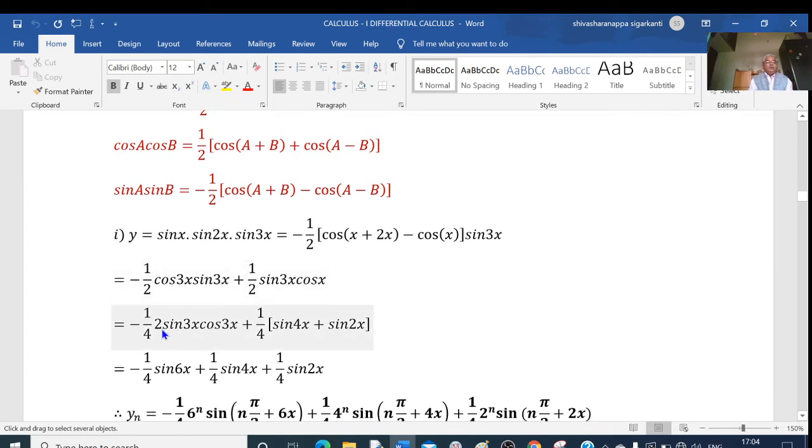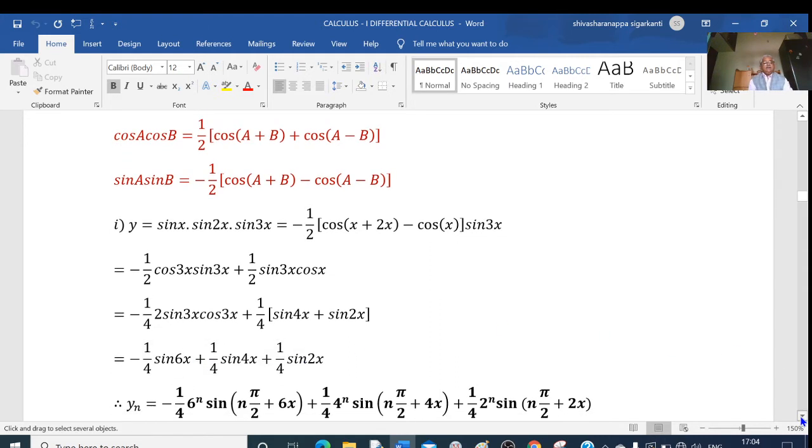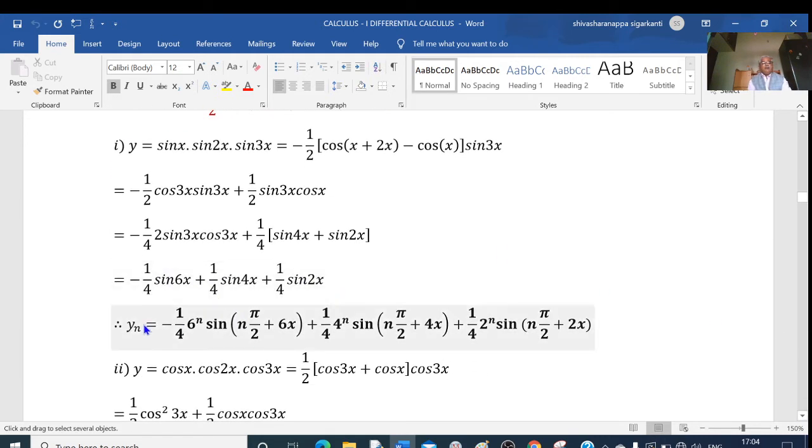And we know that 2 sin A cos A equal to sin of 2A. This becomes sin of 6x. So minus 1 by 4 into sin of 6x plus 1 by 4 into sin of 4x plus 1 by 4 into sin of 2x. Now we can find the nth derivatives of this. So y equal to this, therefore yn equal to minus 1 by 4 as it is.